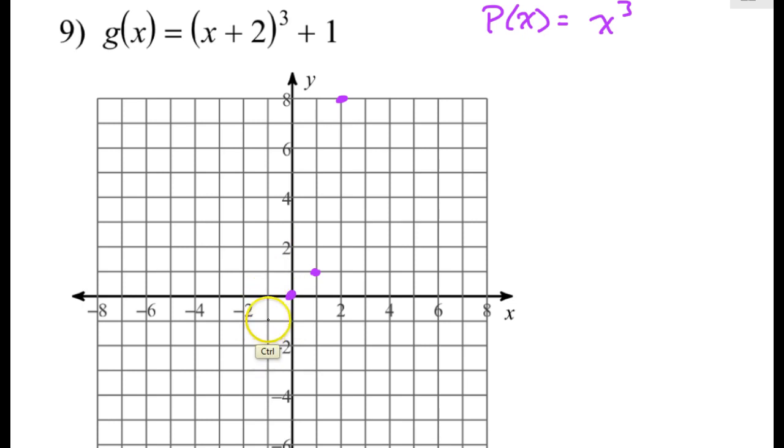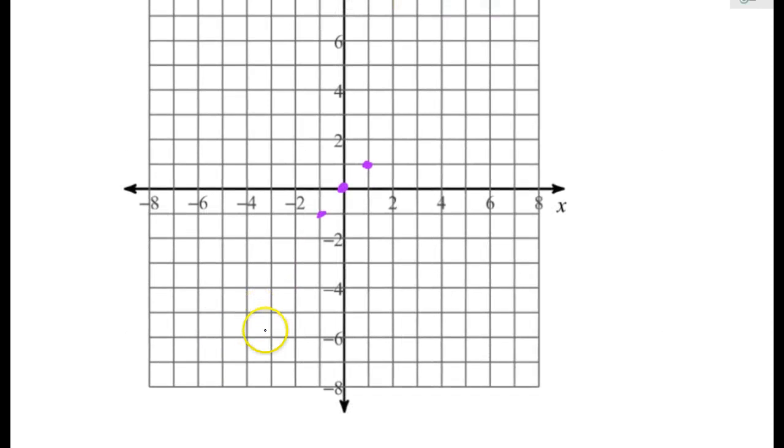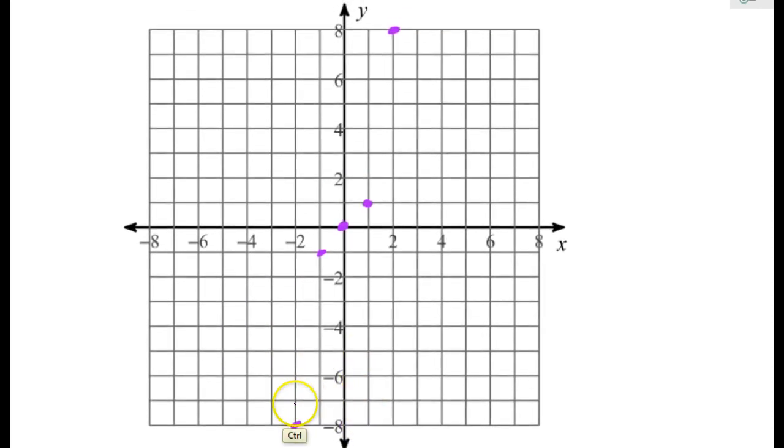Negative 1 cubed is negative 1. Negative 2 cubed is negative 8. Alright, so these purple dots show you what the parent function looked like. Okay, so the parent function looks something like that.